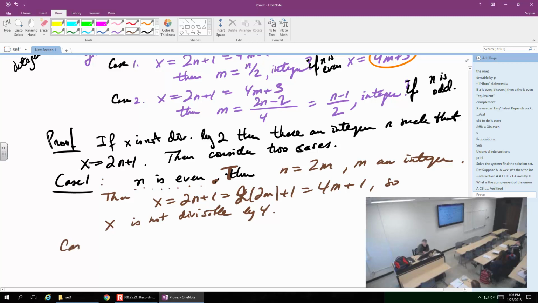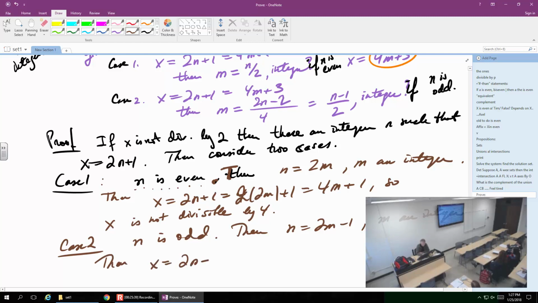Okay, case 2. There are only 2: n is odd. Then I write n is equal to 2m minus 1, m an integer. Then x, which is 2n plus 1, I substitute 2m minus 1 plus 1 is equal to 4m.